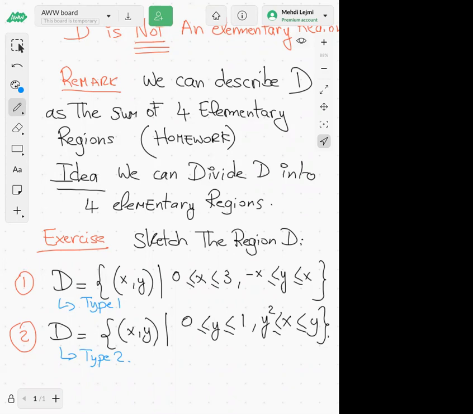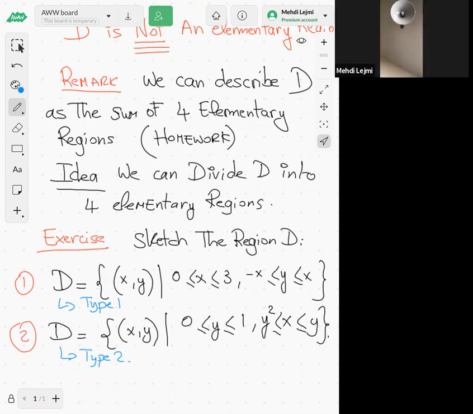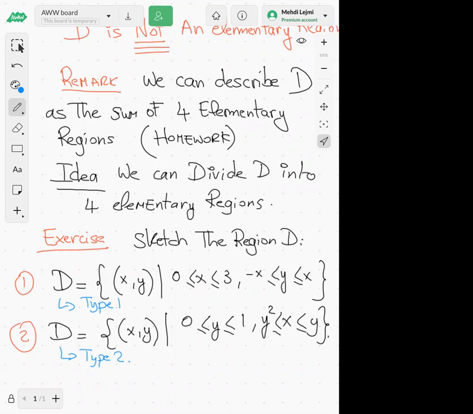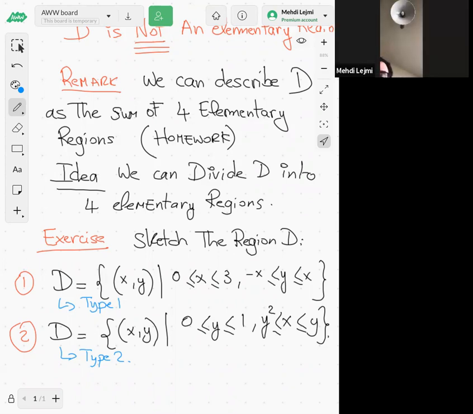And the second one has a shape, I don't know how it's called. It's not like geometric. All right. So yeah, that's very good.